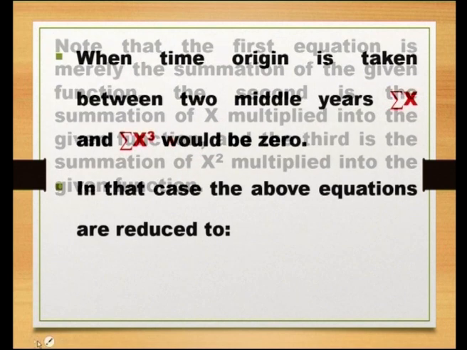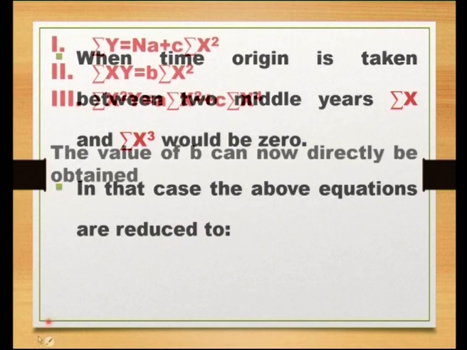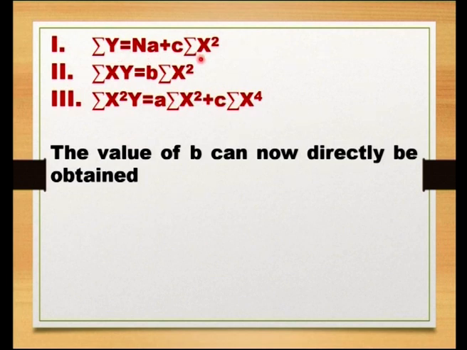When time origin is taken between 2 middle years, then summation x and summation x cube would be 0. In that case, the above equations are reduced to summation y is equal to n a plus c into summation x square, and summation x y is b into summation x square, and summation x square y is a into summation x square plus c summation x power 4.